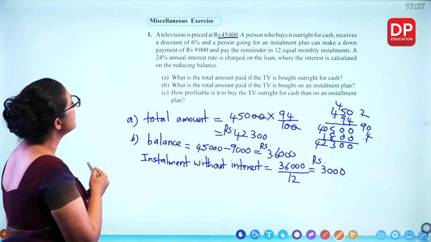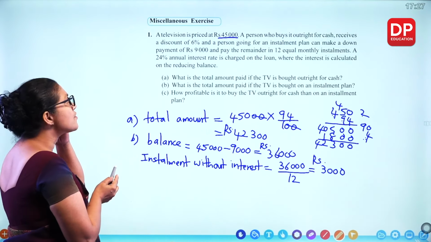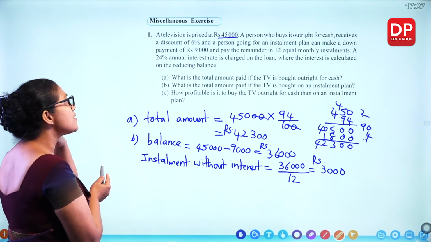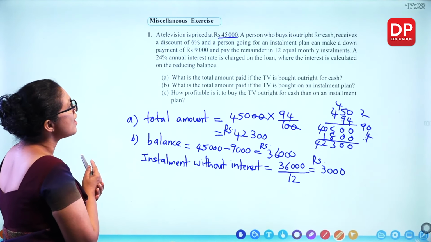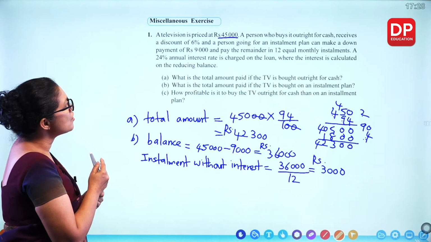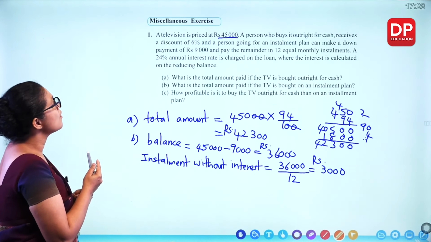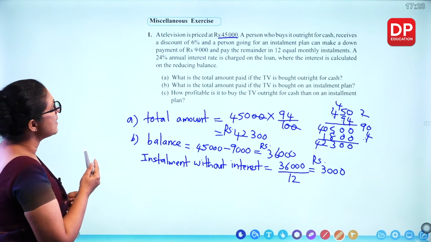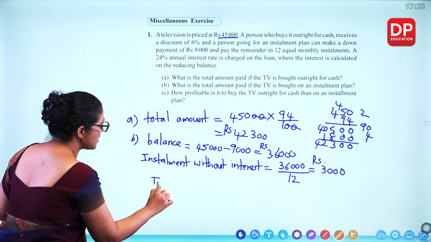And then this is the interest rate, 24% charged. A 24% annual interest rate is charged on the loan where the interest is calculated on the reducing balance. What's the interest?